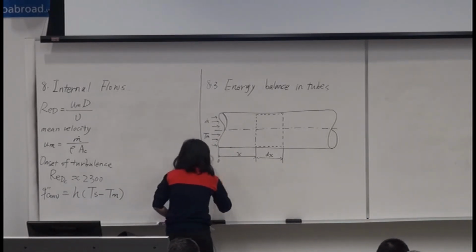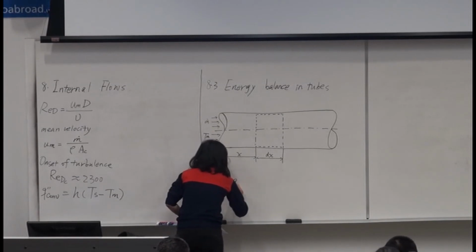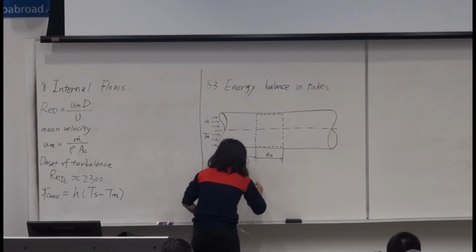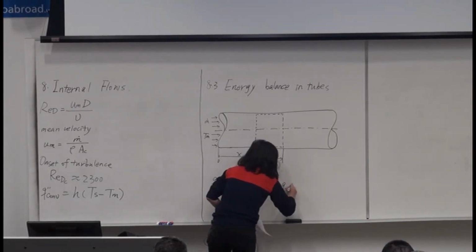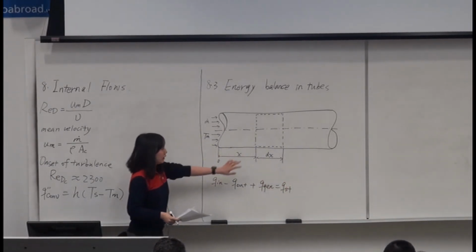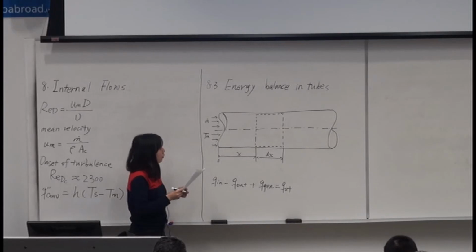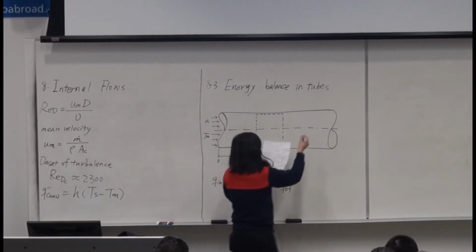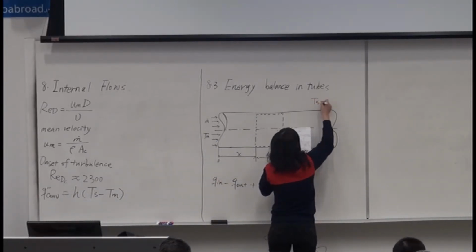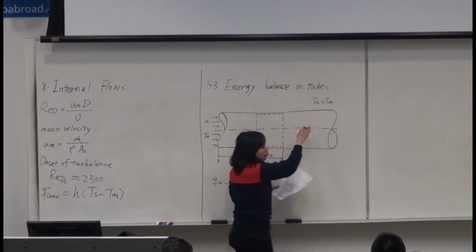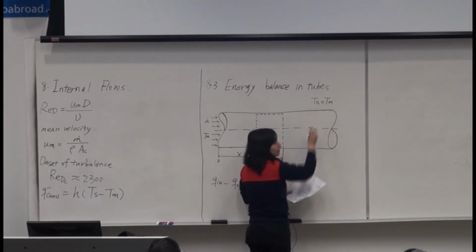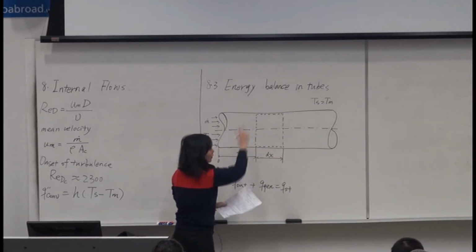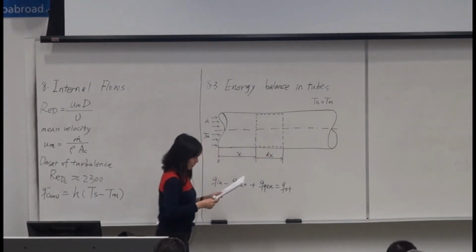Then we can establish our energy rate balance: Q in minus Q out plus Q generation equals heat stored inside the control volume. For this case, let's just assume a heating case, where the surface of the tube is at a higher temperature than the mean of the entire fluid inside.